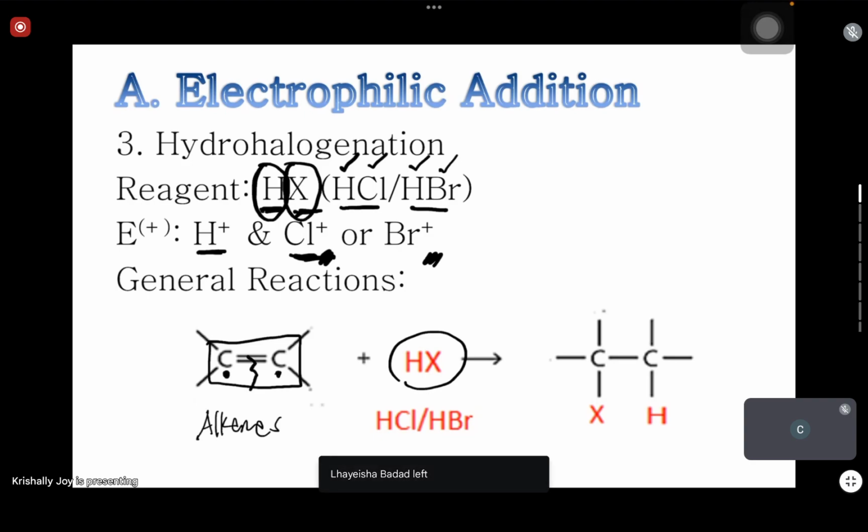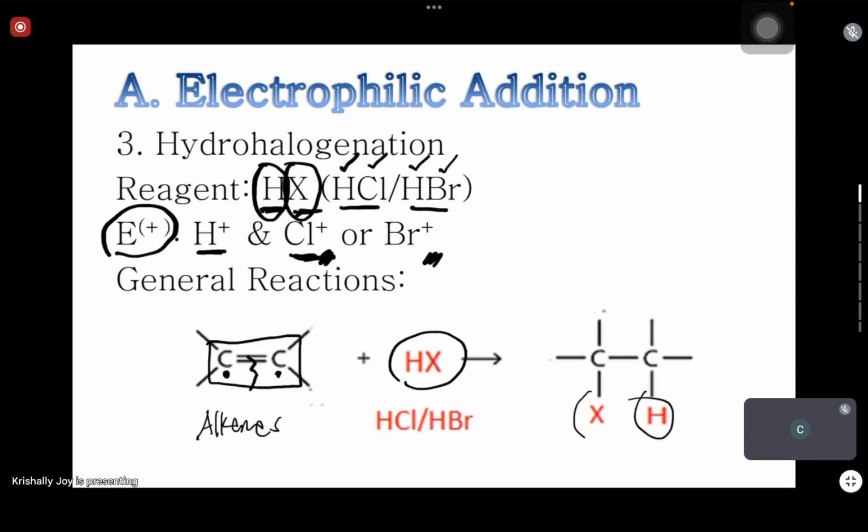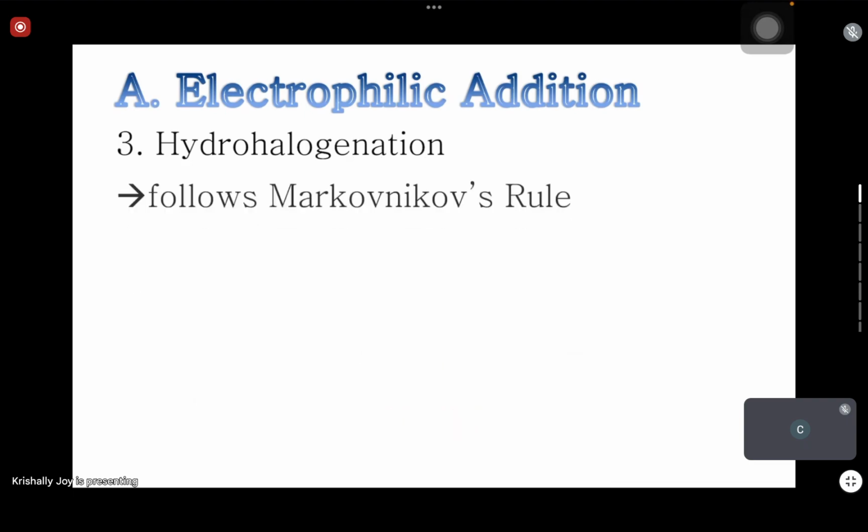What electrophiles will be added to those reactive carbons? One is an H plus, the other one is the halogen. That makes it hydrohalogenation.